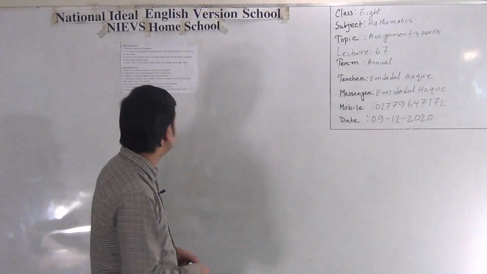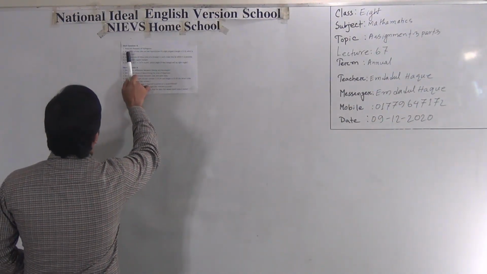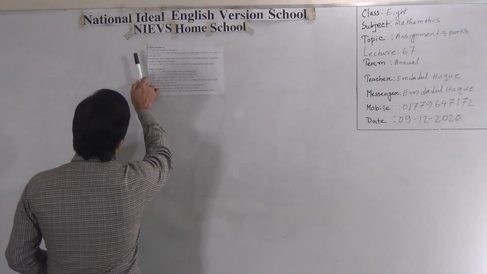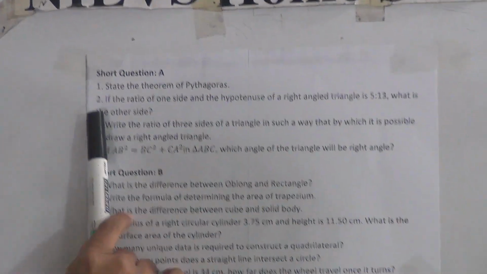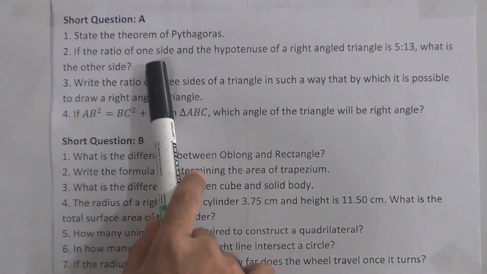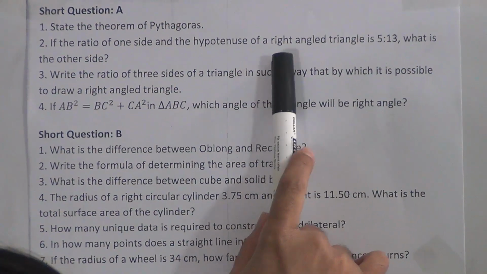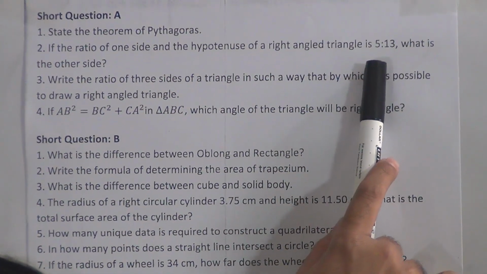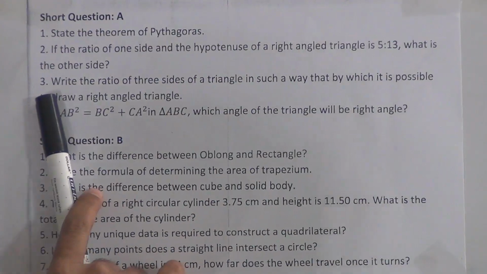Short question A. You will see 4 short questions here. First one, state the theorem of Pythagoras. Second one, if the ratio of one side and the hypotenuse of a right angle triangle is 5:13, what is the other side? 3.